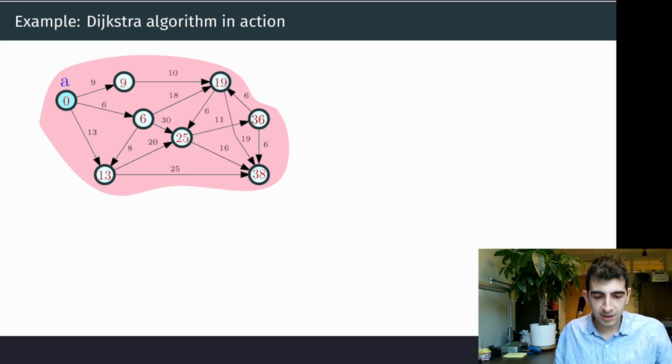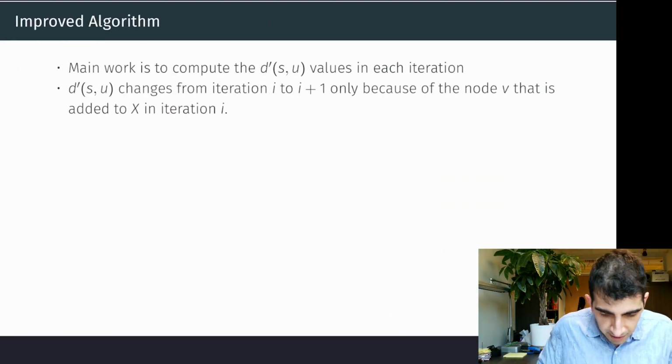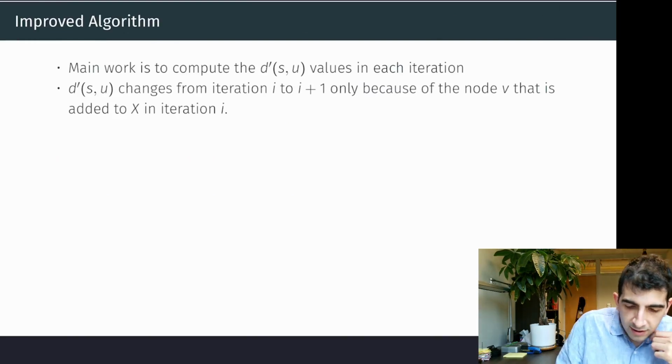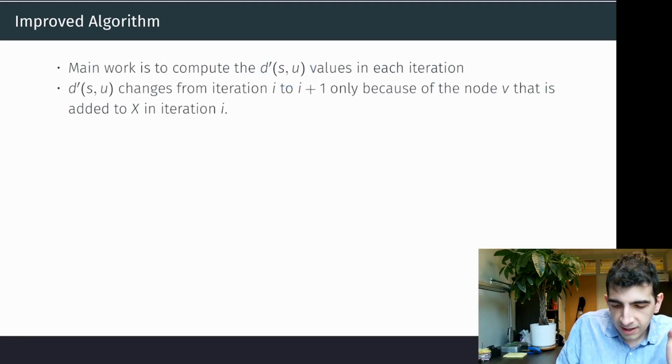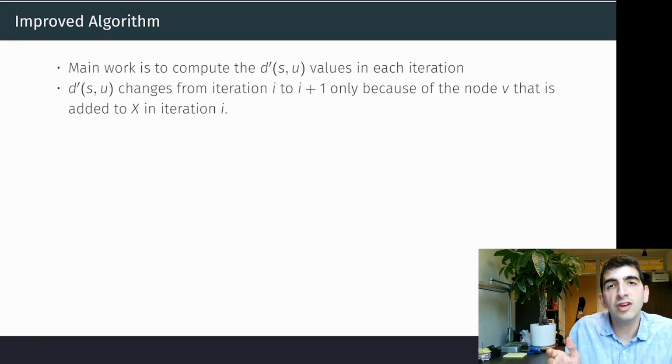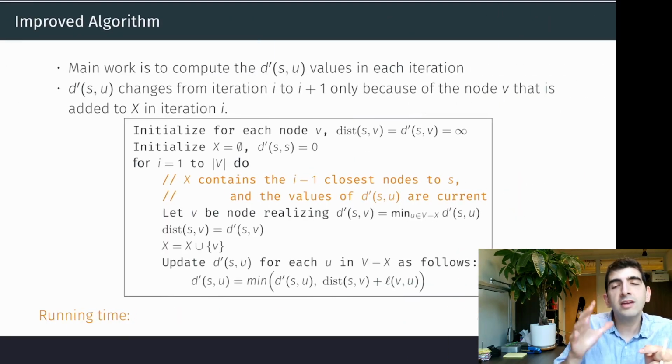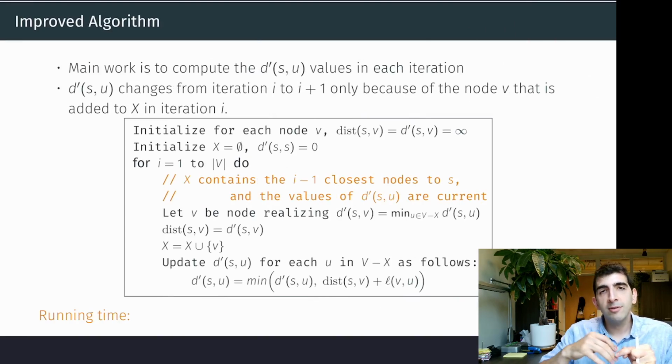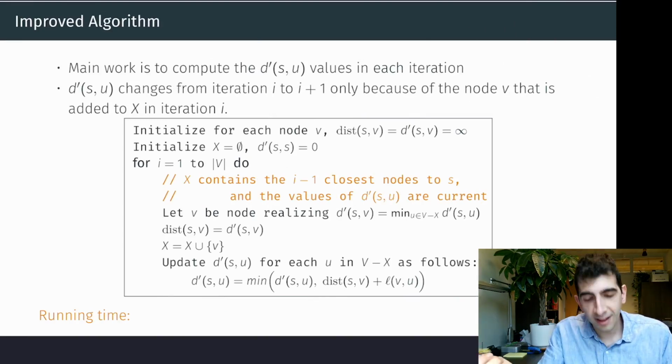Okay, so the main work that we were trying to minimize was calculating that d prime in every iteration. But d prime only changes when the node v that is adjacent to d prime is added to x on iteration y. It shouldn't change otherwise. So we should only calculate that d prime when you add in that node.